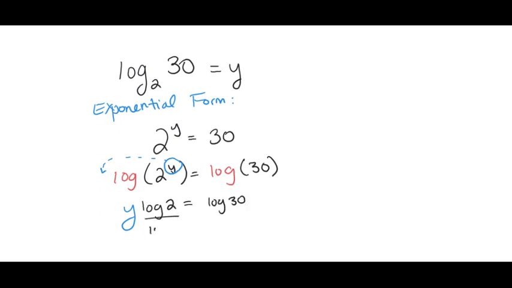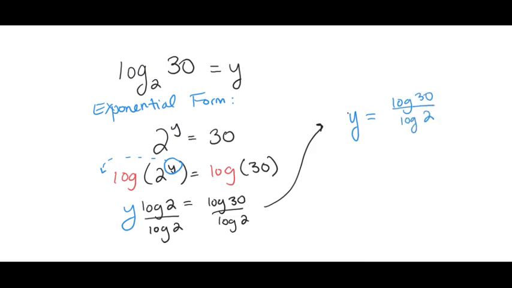Now we just got to get y by itself. And voila, we are going to get y equals log 30 divided by log 2. And we can approximate that on a calculator. And so that's pretty sneaky, right?